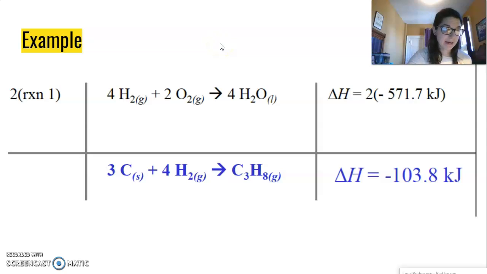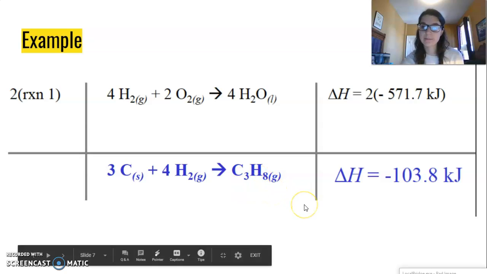Looking at the second reaction, what changes do we need to make in terms of coefficient or flipping the reaction? The good thing that we want from this reaction is the C3H8. On our overall equation, we want C3H8 on the product side, but this reaction is given on the reactant side. So I want to flip reaction number 2. The coefficient for C3H8 is the same.